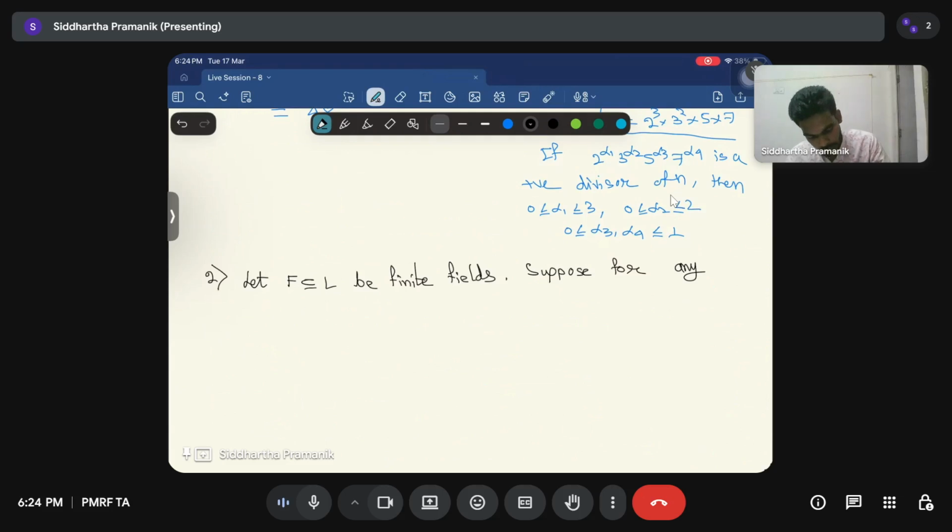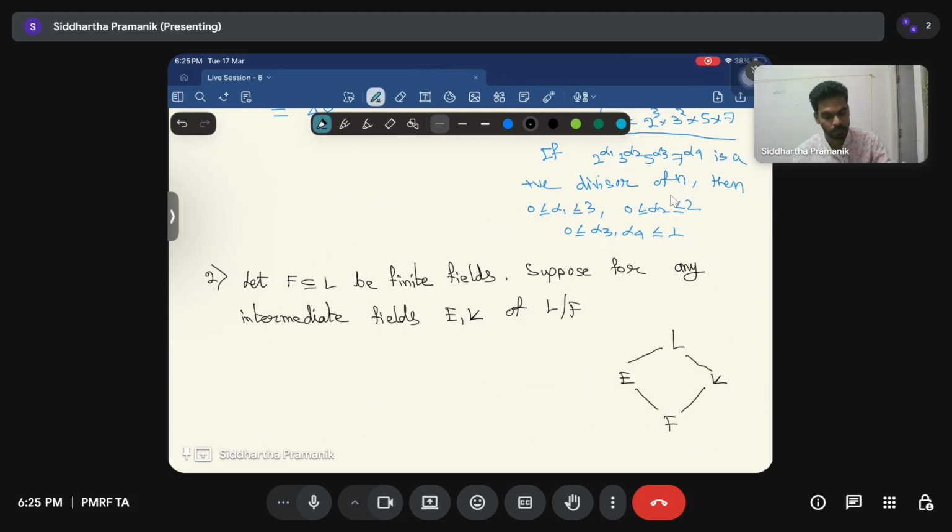Suppose for any intermediate fields, let's say E and K, of this extension L over F. So that means here we have L, and here we have E and K, and this is F. So E and K are intermediate fields of this extension.